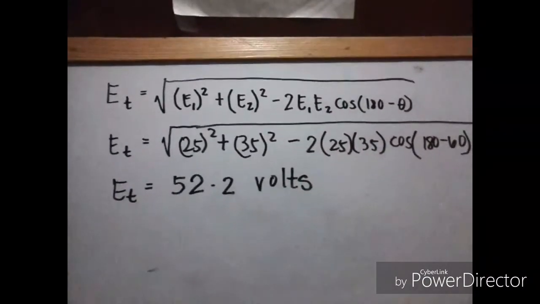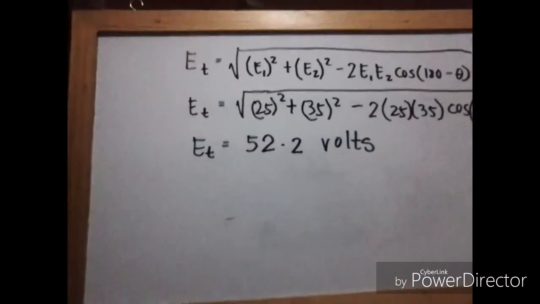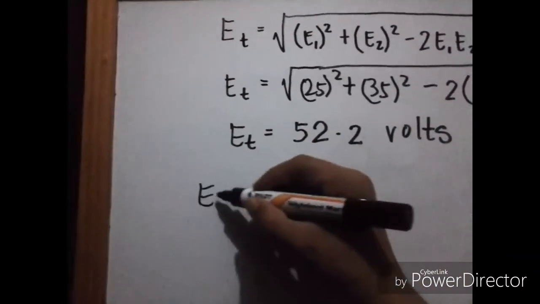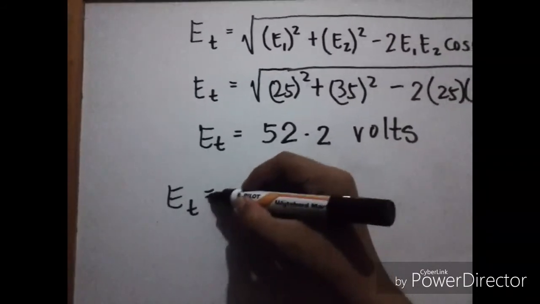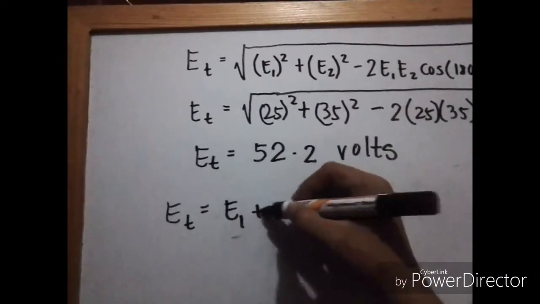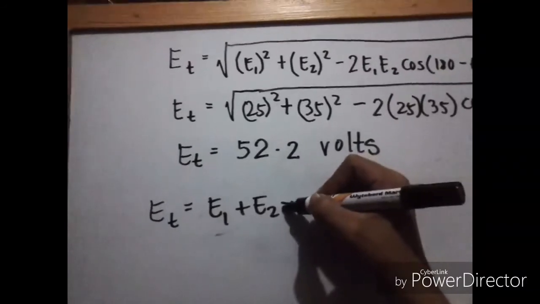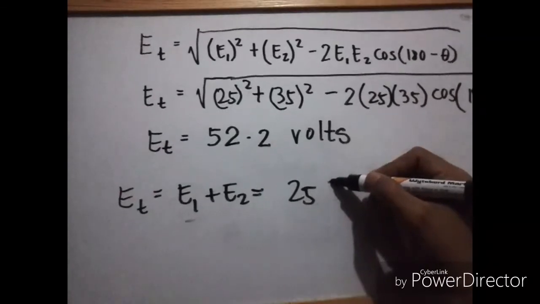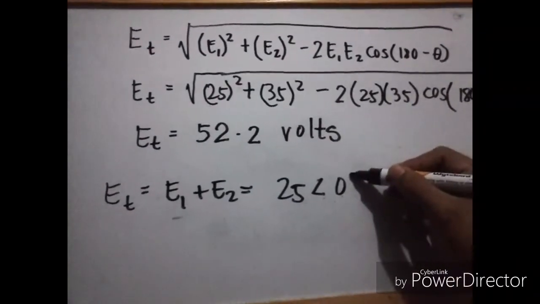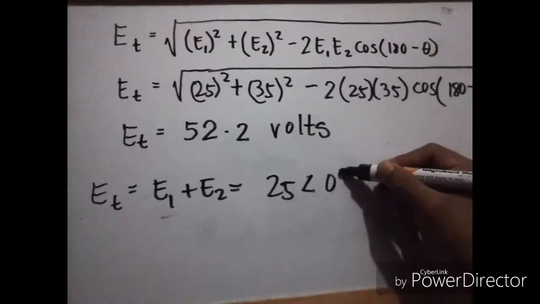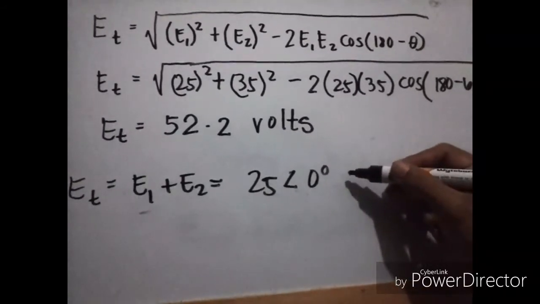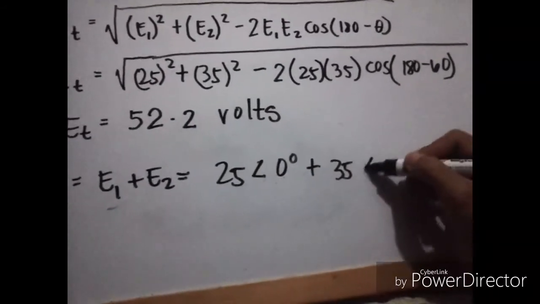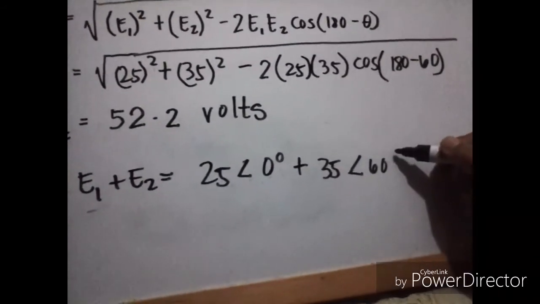Okay, now it's time to use the complex number format. E sub t is equal to E sub 1 plus E sub 2, 25 angle 0 degrees plus 35 angle 60 degrees.